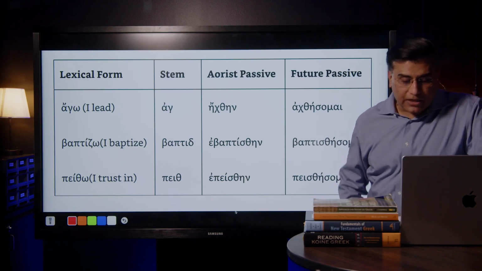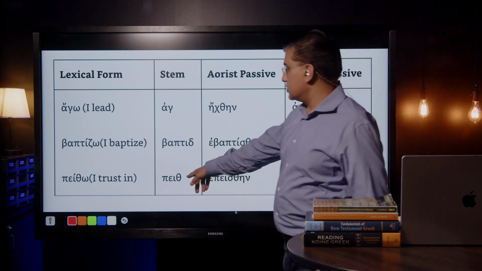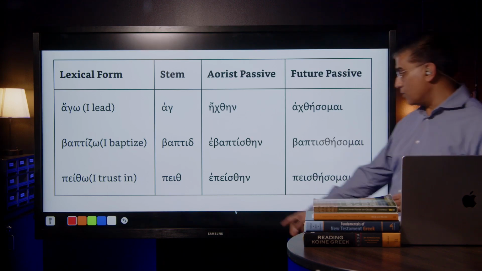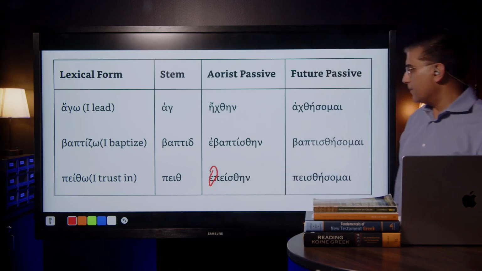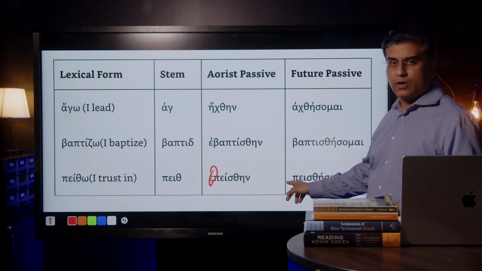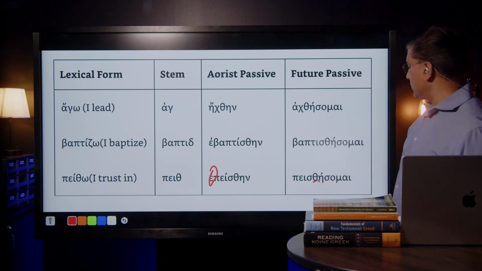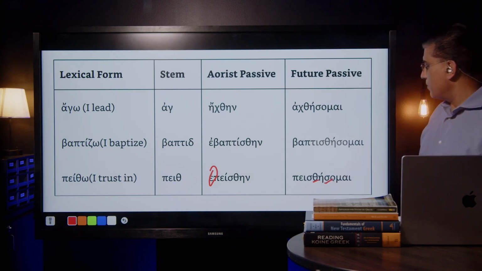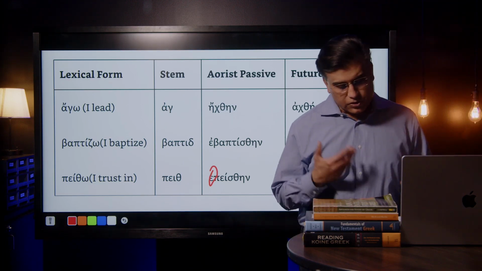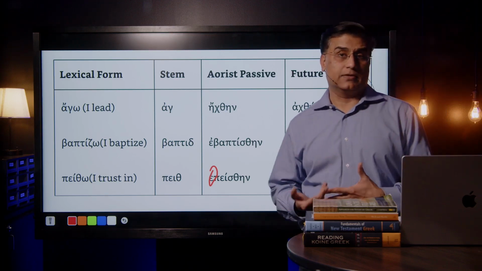And then peitho, again, it's a tough one, but the stem is peith, aorist passive, of course, because it's an aorist, epesthen, and future passive, no need for an augment because it's a future, it's not aorist, but it's definitely a theta, definitely a sigma, peisthesomai. So these are the various forms when it comes to the middle and the passive.